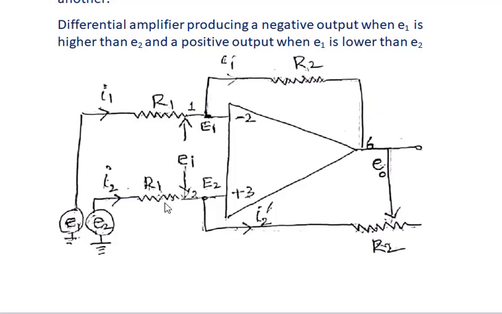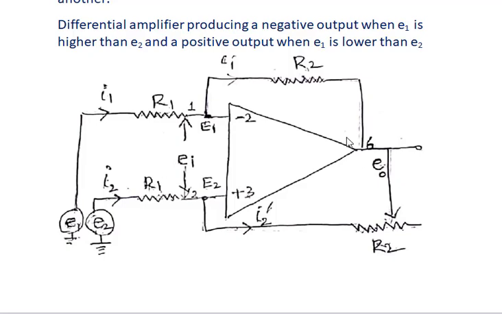In the same way, in the non-inverting input, another resistor with the same value R1 is connected. Another voltage source with a different voltage E2 is connected here. So the current passing through this resistor is I2.